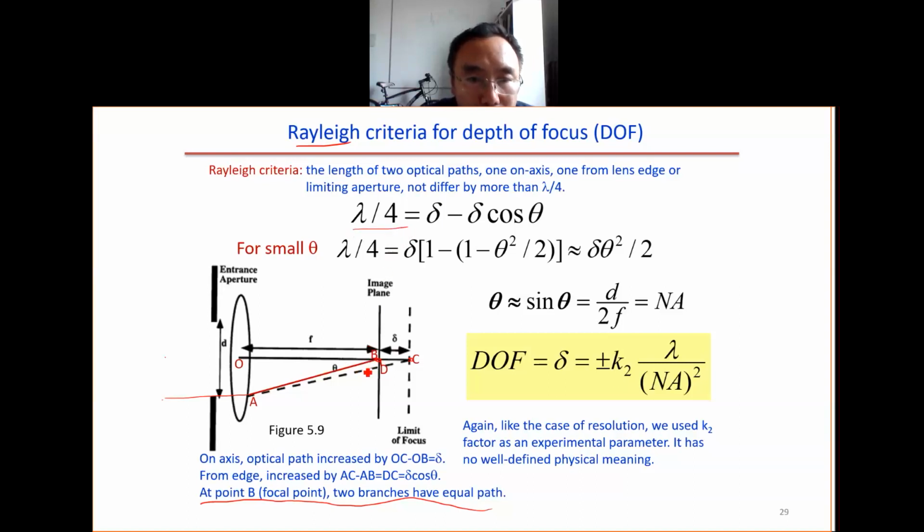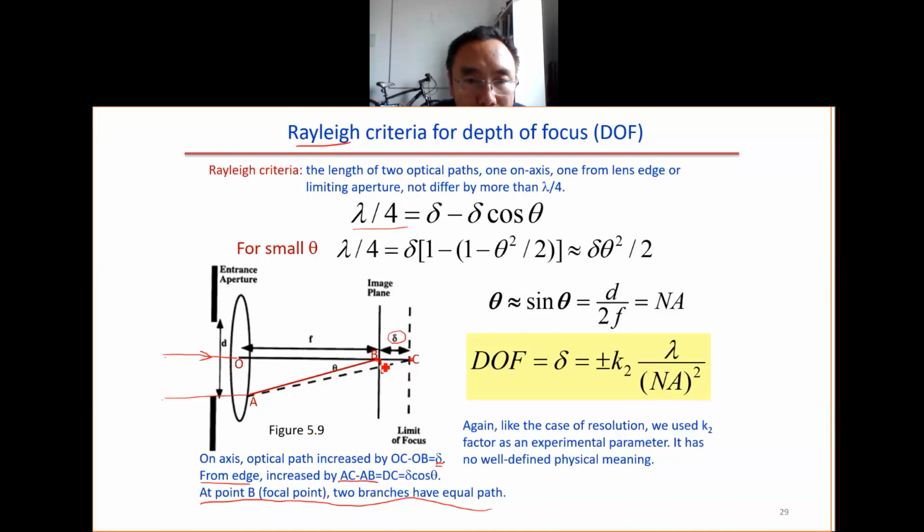Let's look at it. We know that at point B, the two branches have equal paths. For the on-axis branch, the optical path increases by OC minus OB, which is this part. So on axis, from here to here, the difference is delta. For the path from the edge, from here to A, then to C, the difference is AC minus AB.